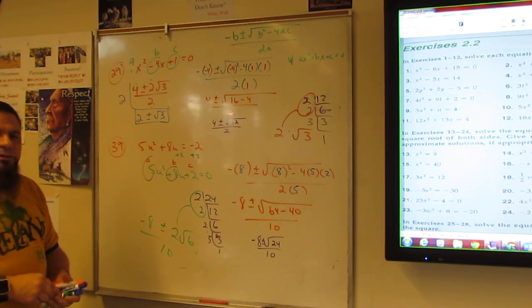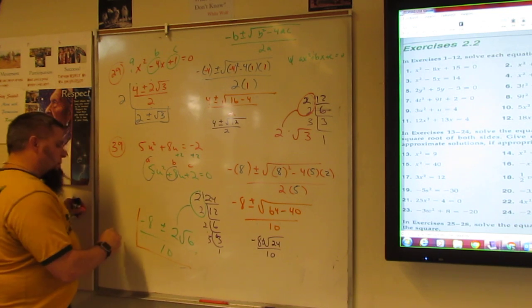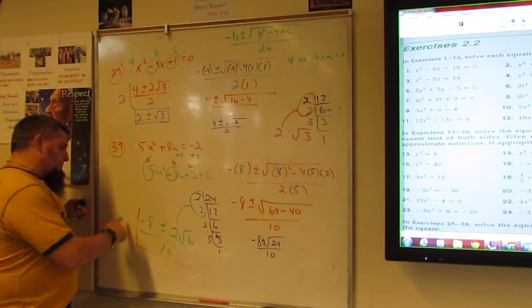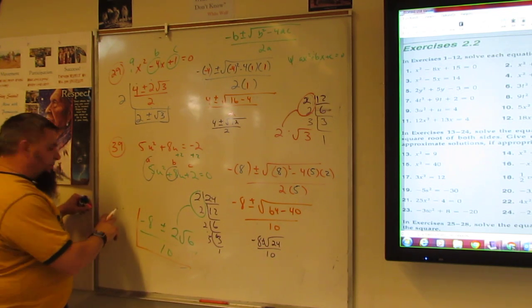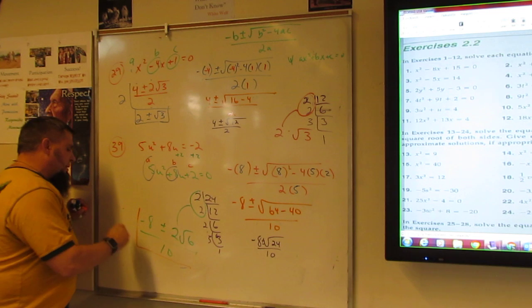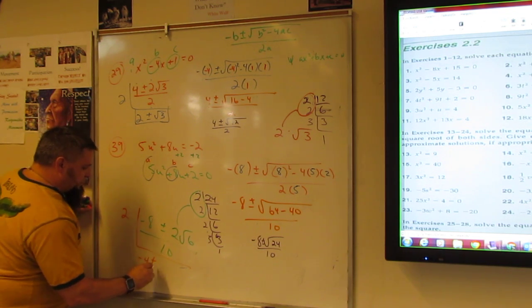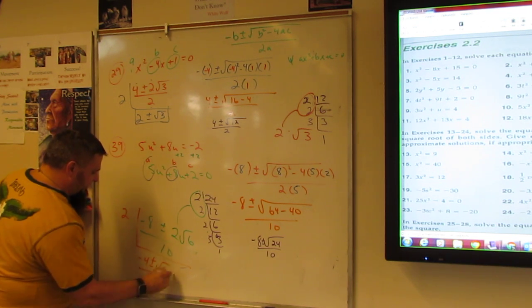So what goes into negative 8, 2, and 10? 2. You could do negative, but you don't have to because this isn't negative. If these are both negative, I would pull out the negative. Otherwise, it doesn't matter. 2 goes into both of them. Negative 4 plus or minus root 6 over 5.